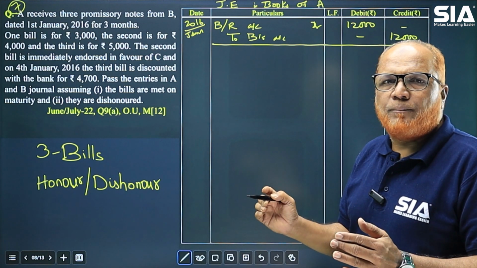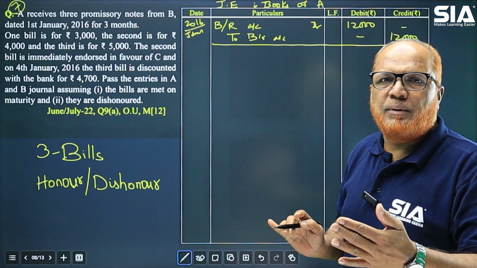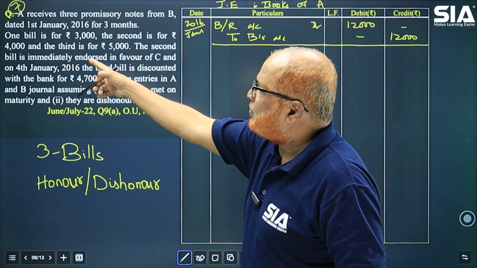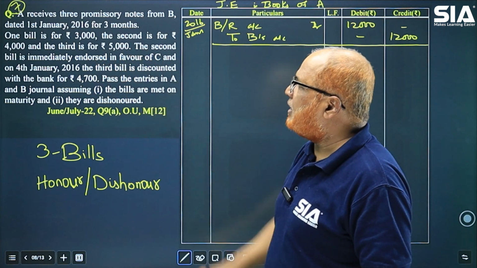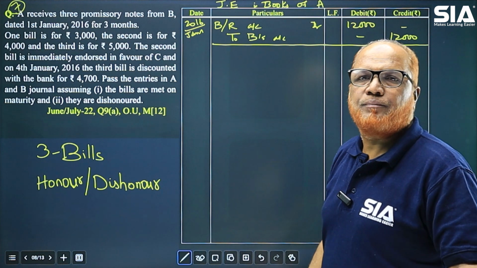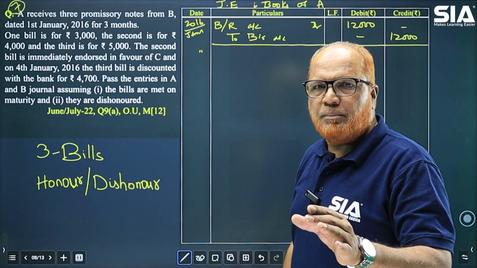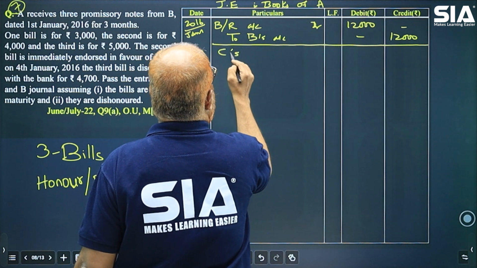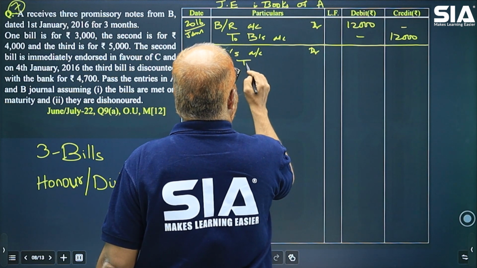The first bill A has kept with himself. Second bill he has endorsed. You can see the second bill of rupees 4,000 and the third bill 5,000. The second bill is immediately endorsed in favor of C. So same date, that means the second bill is given to C. So entry will be C's account debtor to bills receivable.